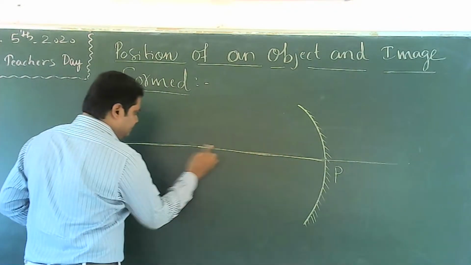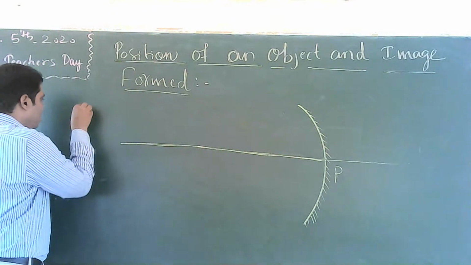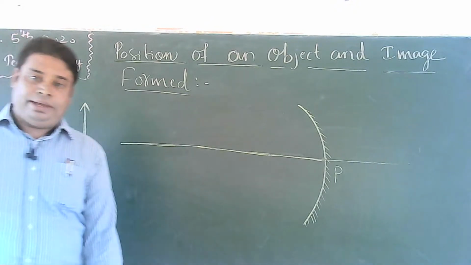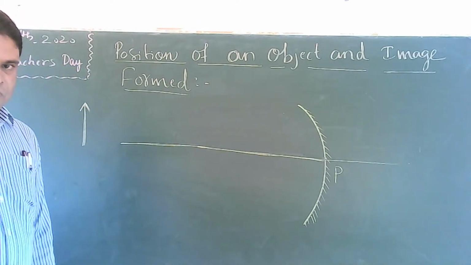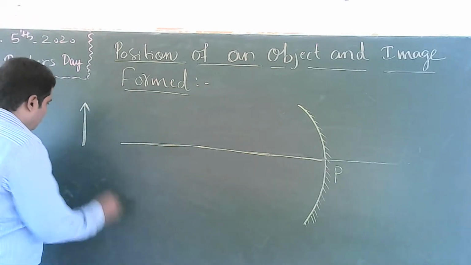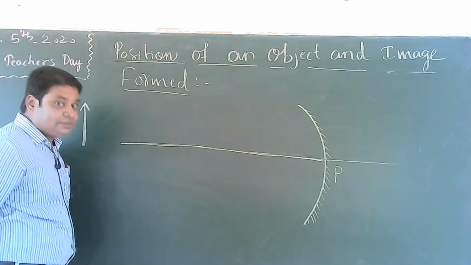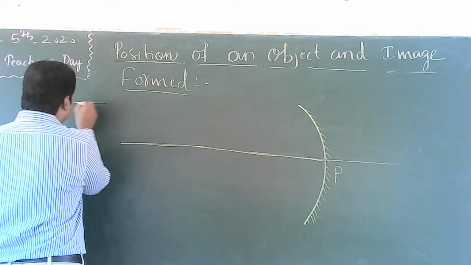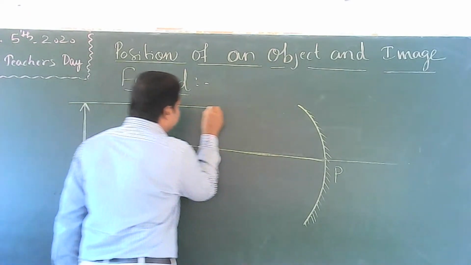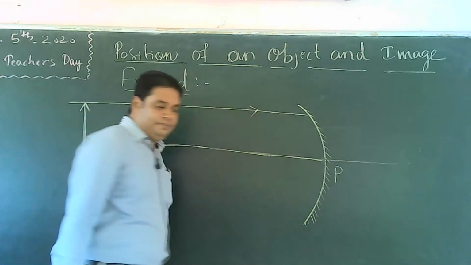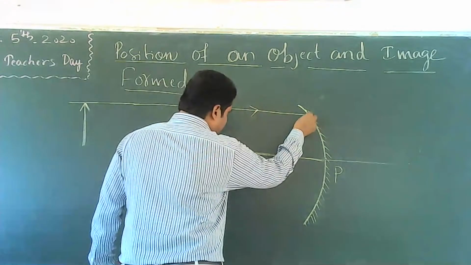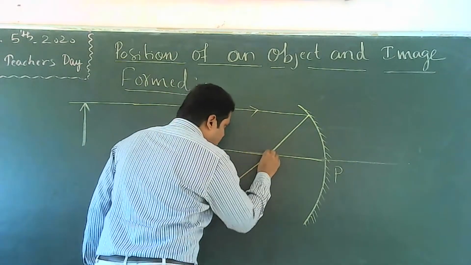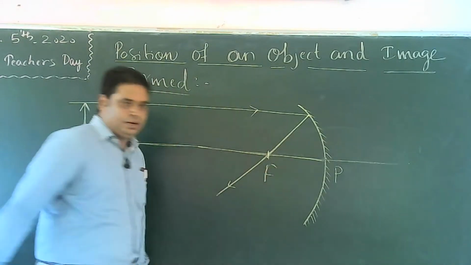When the object is placed far away from the concave mirror, I am taking a concave mirror, a ray of light after reflection, we know this, will meet at a point on the principal axis. This point is called the principal focus.